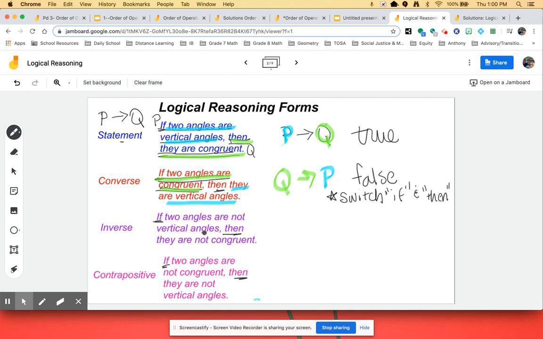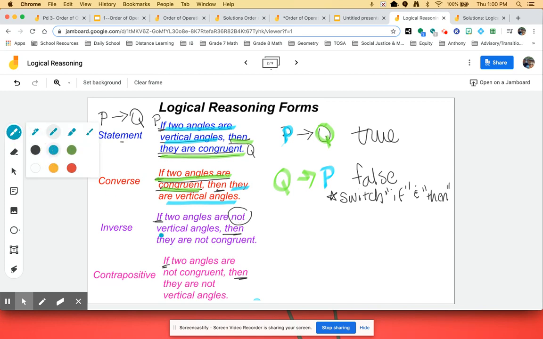All right, let's look at the inverse now. This starts, if two angles are not vertical angles. Uh-oh, there's a not in there. Okay, so let's go back. It's talking about them being vertical angles, so it's P, but it has that not there.